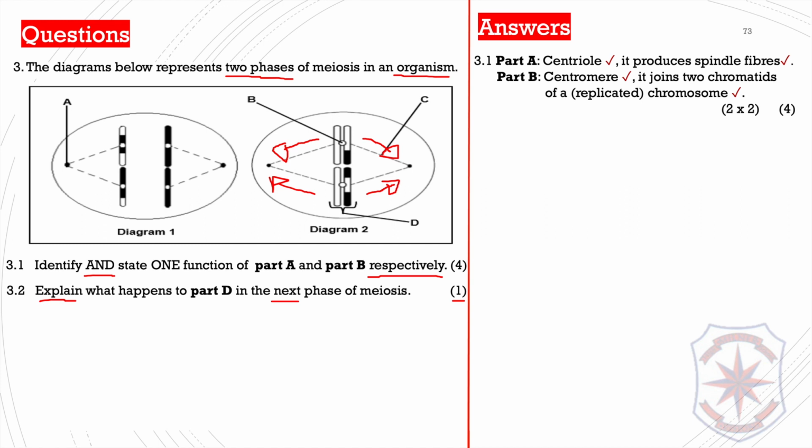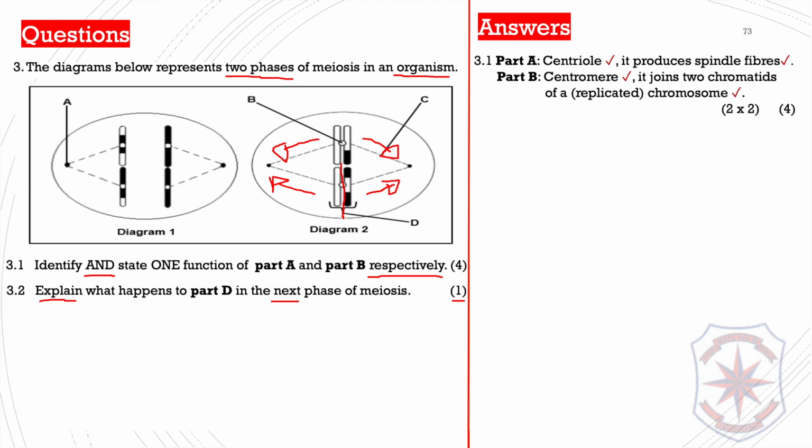Now, if you have a spindle fiber that is attached on this side of the chromosome and another spindle fiber that is attached to that side of the same chromosome, and they are pulling at opposite directions, it means that this chromosome, replicated chromosome, is going to split in half.